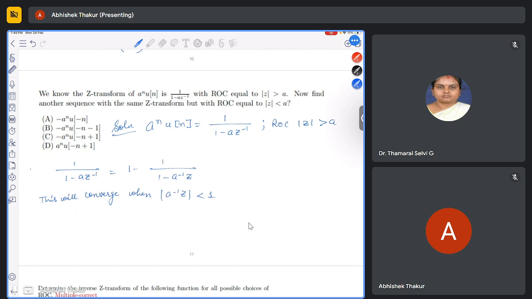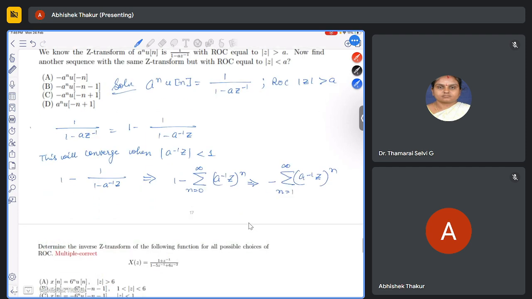So now let's take the inverse Z transform: 1 minus 1 by 1 minus a inverse z, which we can write as 1 minus a inverse z to the power of n, n from 0 to infinity. So this will become minus the sum from n equal to minus infinity to minus 1 of a to the power of n, because we have changed minus n to n, and z to the power of minus n.